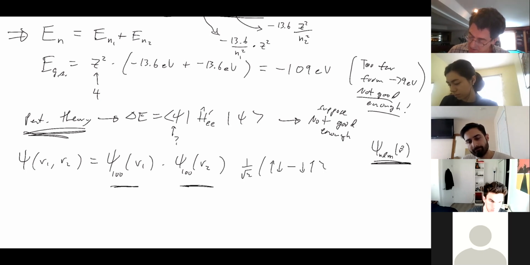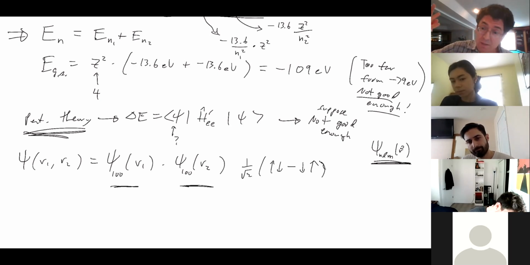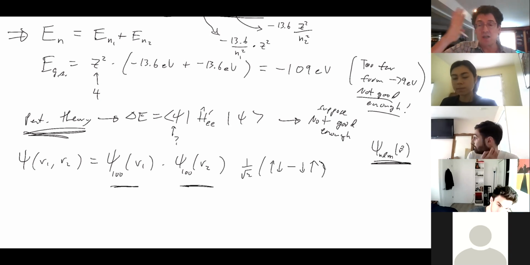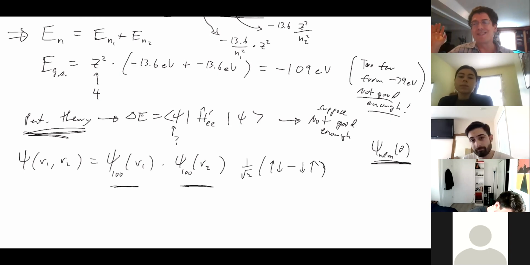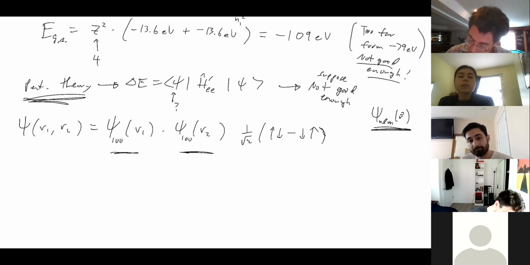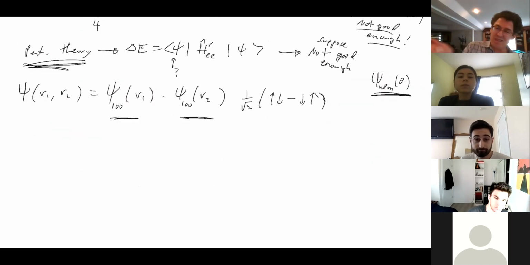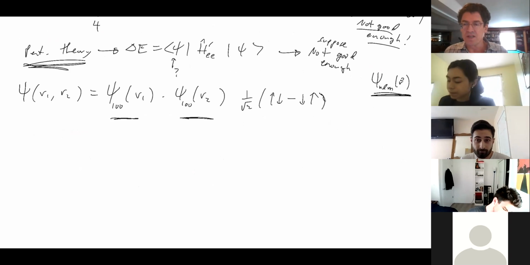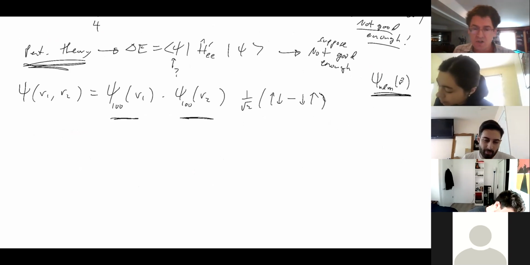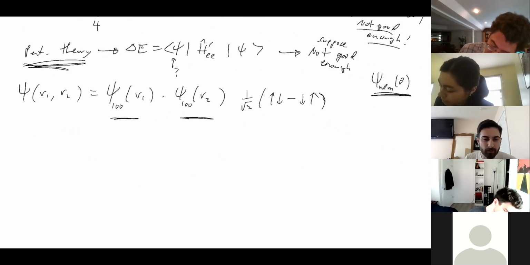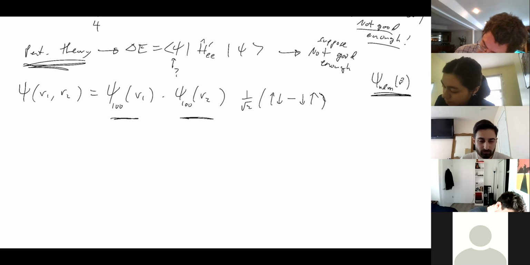But for this problem, we're not including any spin terms. We're not including spin-orbit coupling or anything that depends on spin. So we'll just forget this. The spin part is not important for this problem, but I just want to mention to you, it is there. It just gets carried through, and it doesn't really matter. So let's drop the spin part.